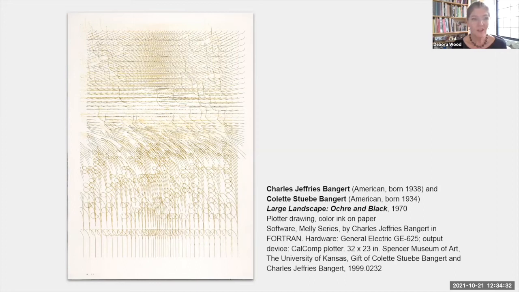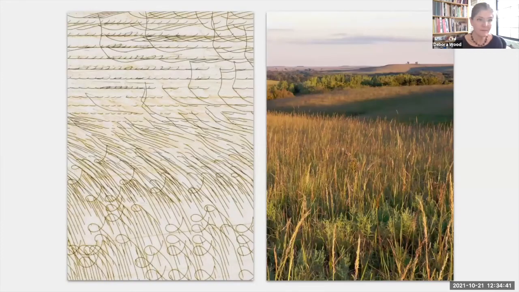This plotter drawing, Large Landscape, is an early example of using color inks for purely aesthetic purposes. In this detail, you can more clearly see the two colors of ink, black and ochre.